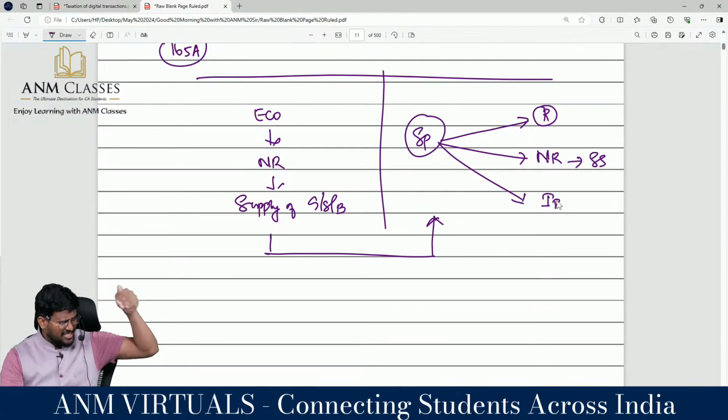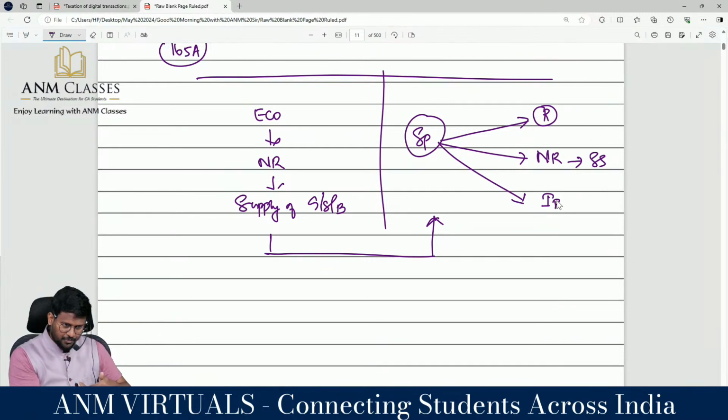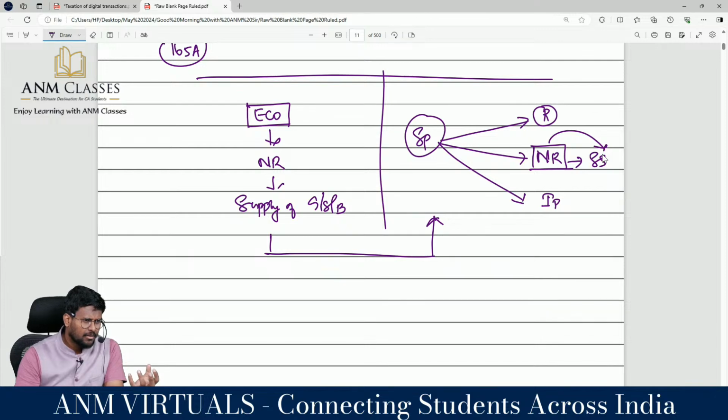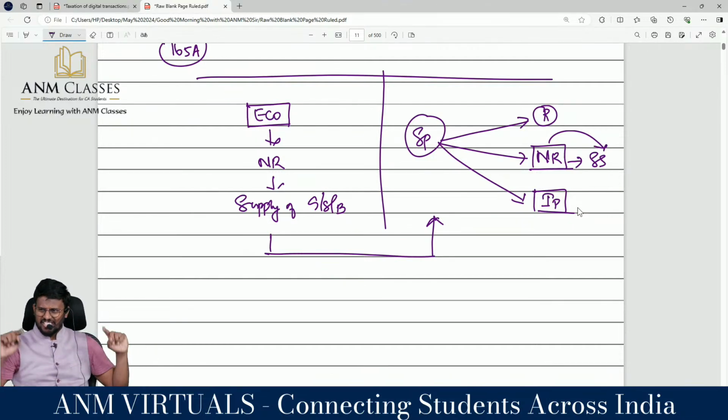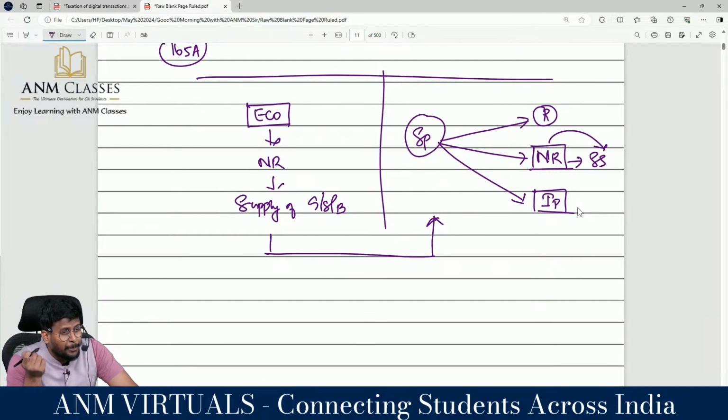So a non-resident is purchasing some goods or services through the e-commerce operator platform. Correct? Yes, sir. And a non-resident in special circumstances, or any person using an IP address located in India, is purchasing goods or services through the platform. Who is the person making the payment? Who is the person who is making the payment?